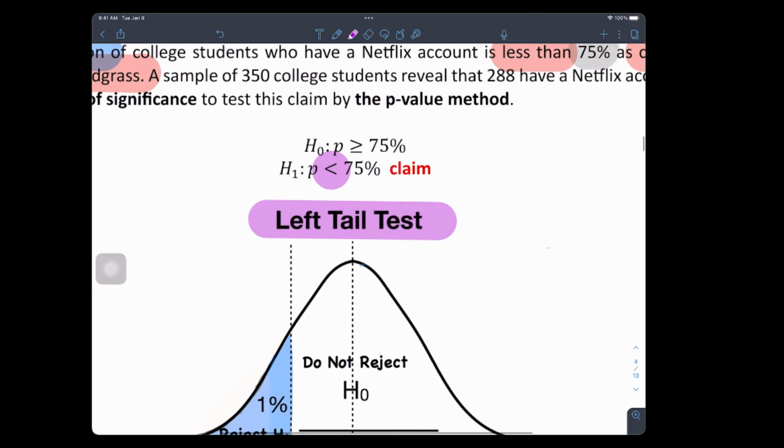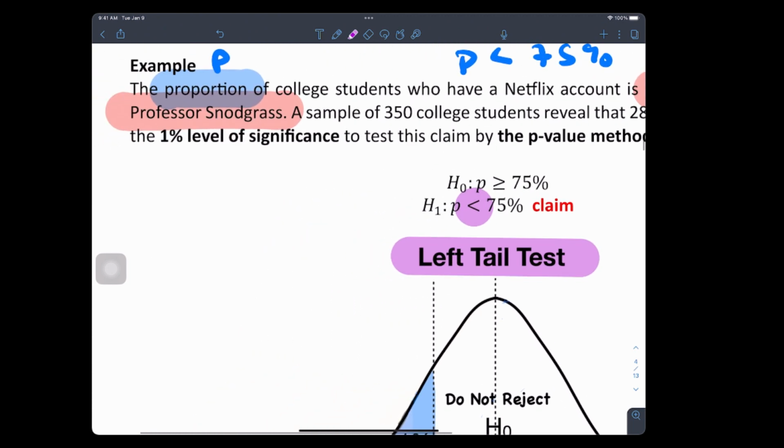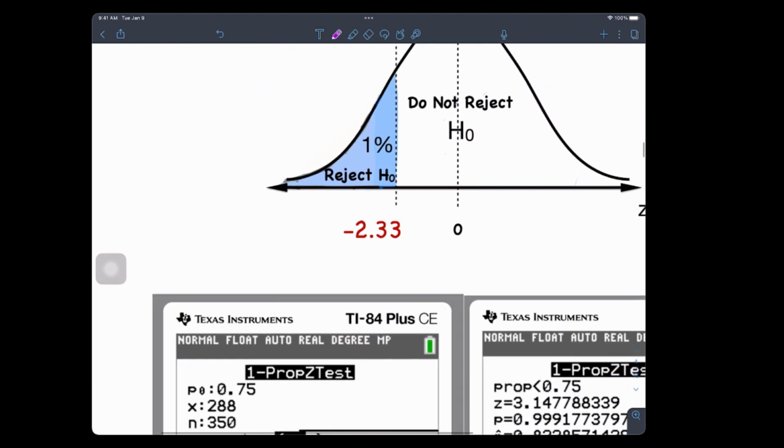Okay. Alpha is 1% in this question. So all of the alpha by the traditional method, all of that 1% is in your left tail here. And of course, we got the critical value using inverse norm.